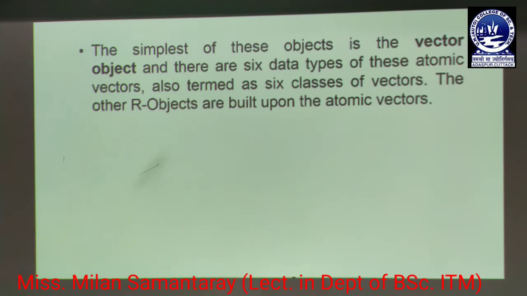The simplest of these objects is the vector object, and there are 6 data types of these atomic vectors. These are also termed as the 6 classes of the vectors, and other R objects are built upon the atomic vectors.